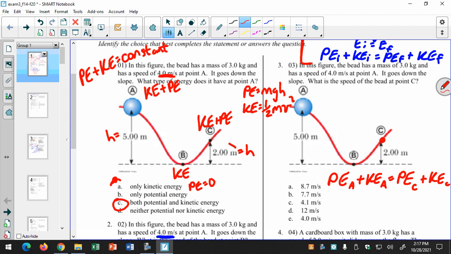Your energy remains the same throughout. So I could set the potential and kinetic energy here to here. Anywhere. I could say, this might be easier actually, since you now know the speed of the object at B, I could say instead that the kinetic energy at B is equal to the potential energy at C plus the kinetic energy at C. You see what I did there?